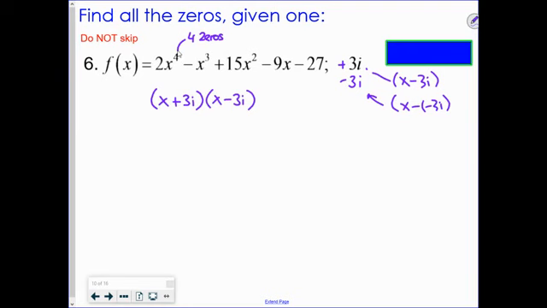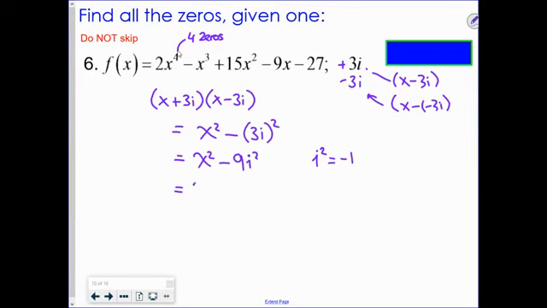Look, we've got a difference of squares here. We've got a plus b, a minus b. So this equals a squared minus b squared, minus 3i squared. So this is x squared minus 9i squared, and remember that i squared equals negative 1.